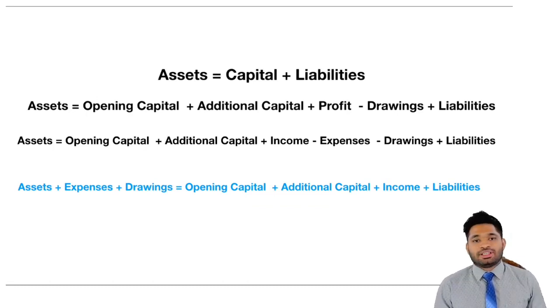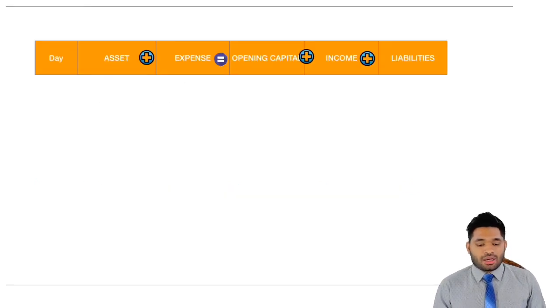I assume that you have completed attempting the first illustration on the extended accounting equation. Now let's look at the answer. Now in this question you do not see drawings and you do not see additional capital. So I have removed those two elements from the accounting equation.